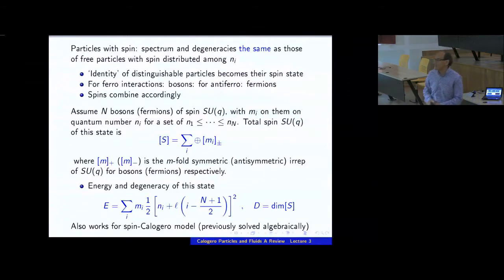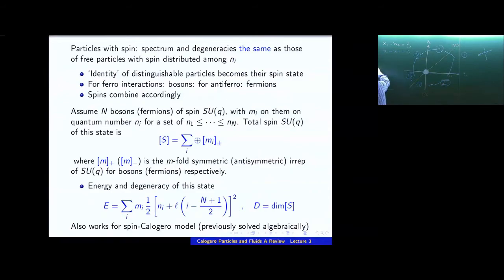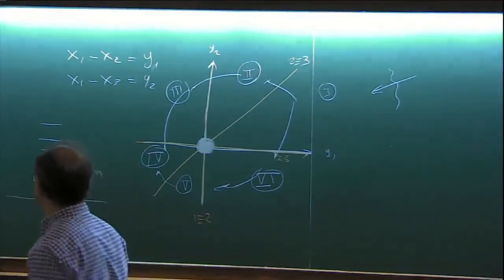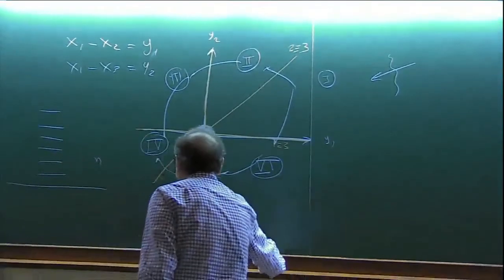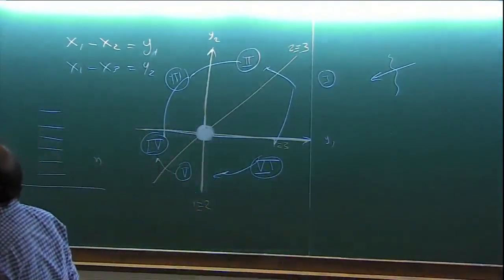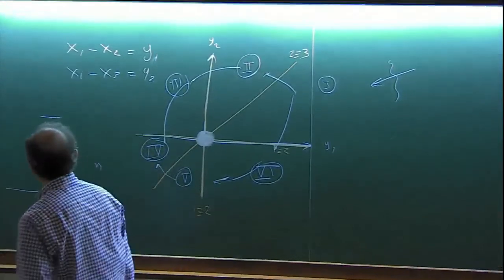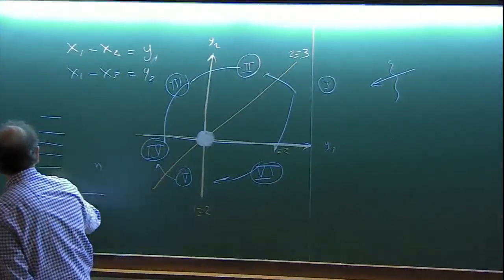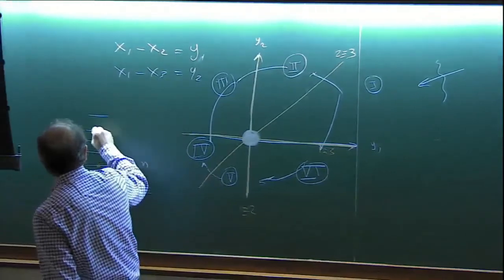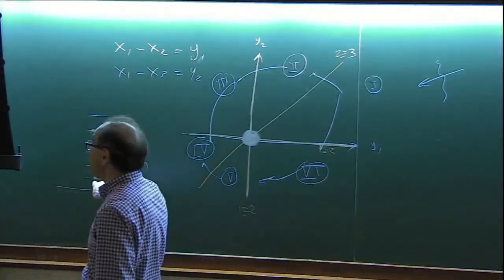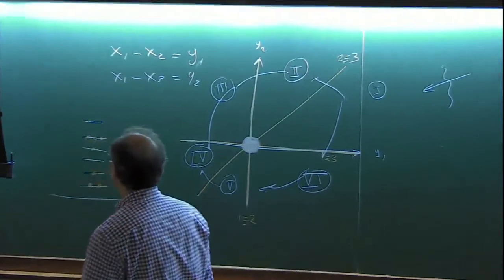So what I'm writing here is to say that if these are the n quantum numbers for a single particle, when you have spin-Calogero particles, you do exactly the same as you would do for free particles. They are bosons, remember? So you can put as many of them as you wish in each state. So you can put them like this, say. But you have to take into account that they carry SU(q) spin.